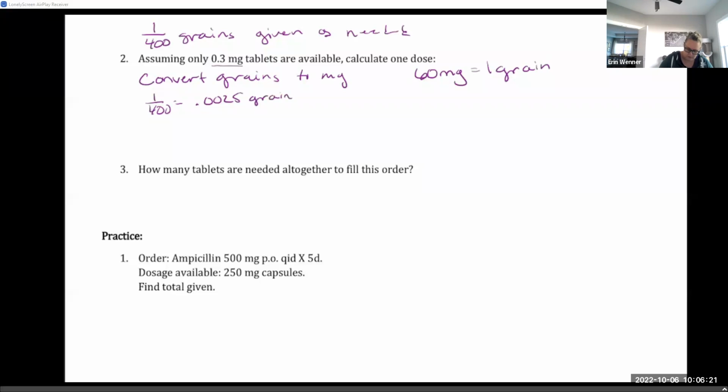So we're going to take 0.0025 grains and write that over 1. And we're going to multiply it by a conversion factor that says 60 milligrams to 1 grain. So multiplying 60 by 0.0025, we end up with 0.15 milligrams.